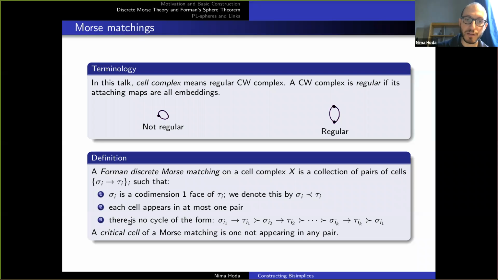And there's also no cycle of the following form. So what we're seeing here is that sigma_i1 is matched with tau_i1, which has sigma_i2 as a codimension 1 face. And sigma_i2 is matched with tau_i2, which has sigma_i3 as a codimension 1 face, and so on, until eventually we're back to sigma_i1. That kind of cycle is forbidden.